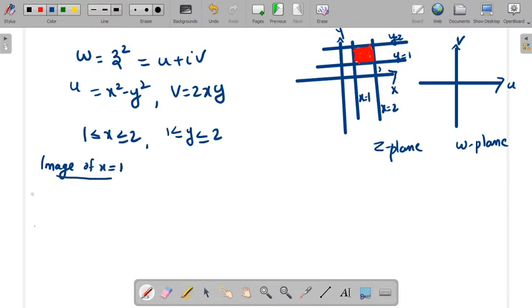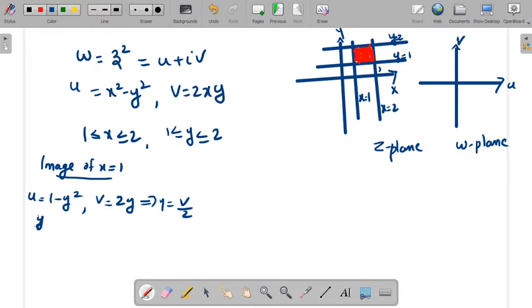When you take x is equal to 1, we get u equal to 1 minus y square, v equal to 2y. As we have done before, we can eliminate y between these two. y can be written as v by 2. This implies y equal to v by 2.